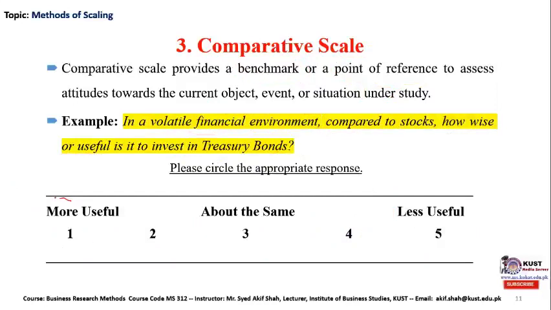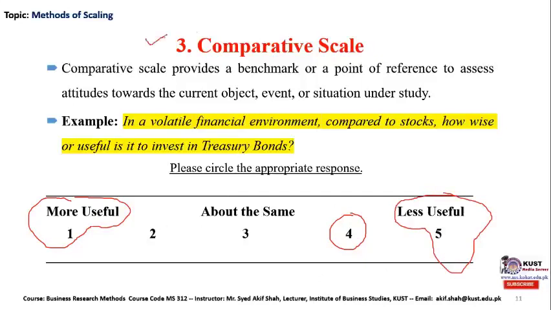The 1 states highly useful, the fourth may be moderately useful, and the fifth states that it is not useful at all. So we can rank the attitudinal responses of the respondent in this comparative scale as well. Therefore, it is known as a ranking scale, or we can also categorize this under interval scale data collection.